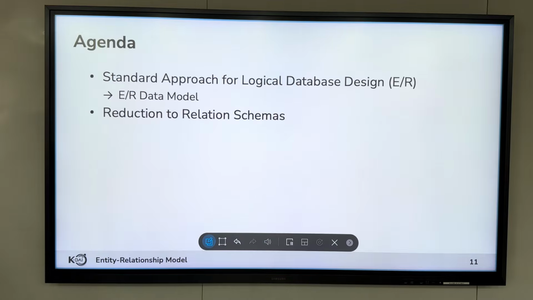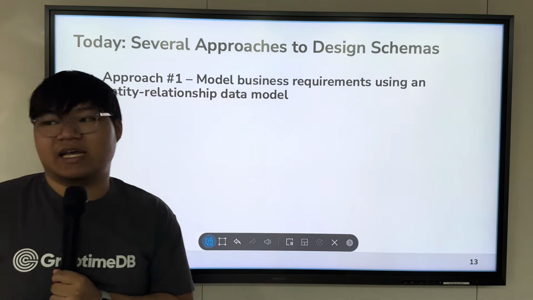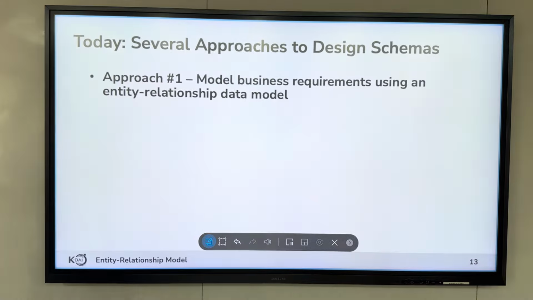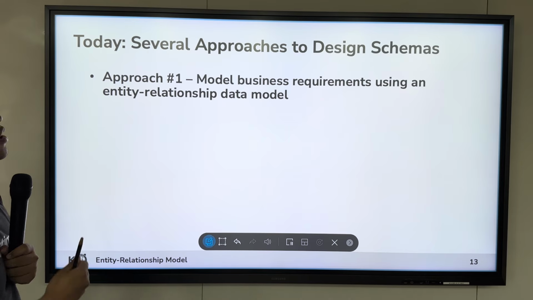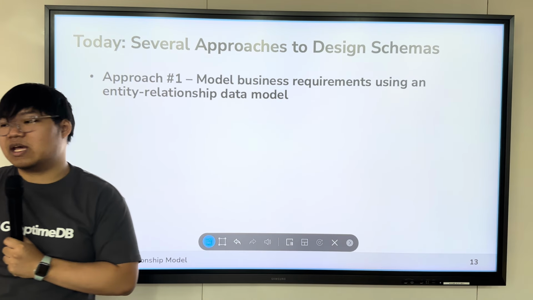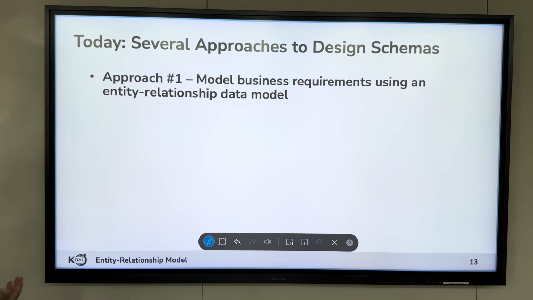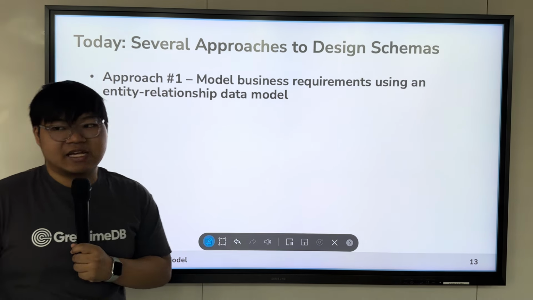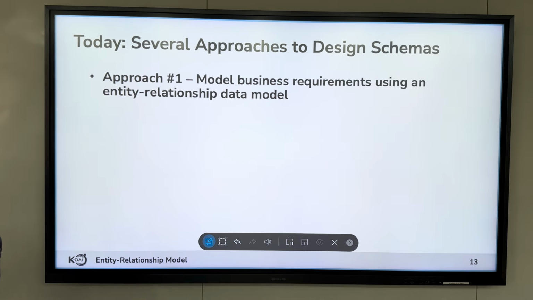So let's talk about some approaches first. Nowadays, when people design relational database schema, there are multiple ways. The first approach is you get the business requirements and functional requirements, and use them to form something called an entity relationship data model. That is the first approach, and that is our focus today.